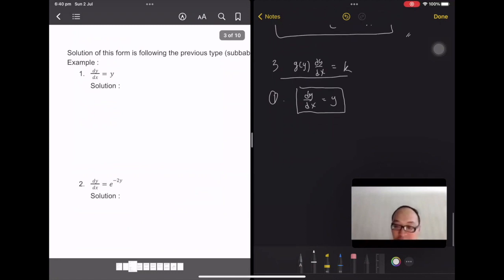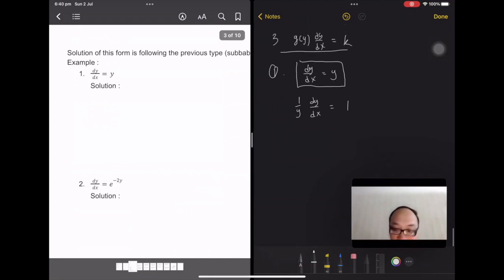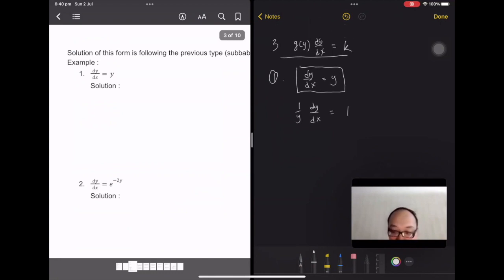So using separating variables, we can move the y to the left-hand side and it becomes 1 over y dy/dx equals 1. So this is the third form: a function of y times dy/dx equals a constant.